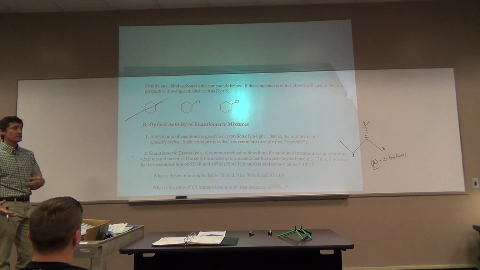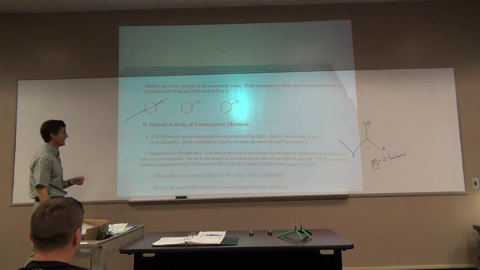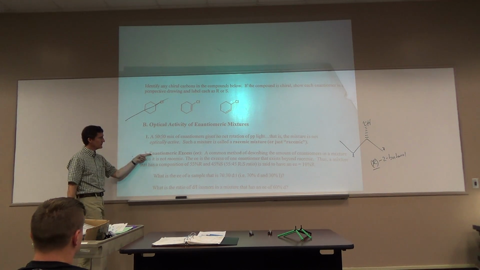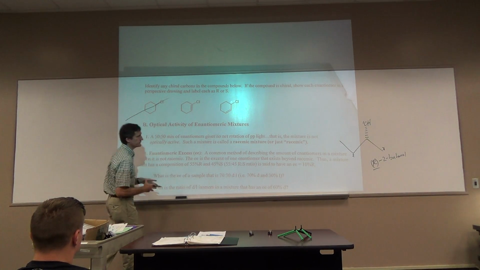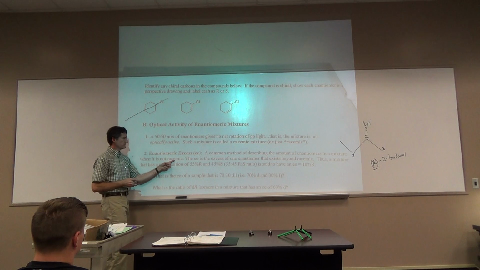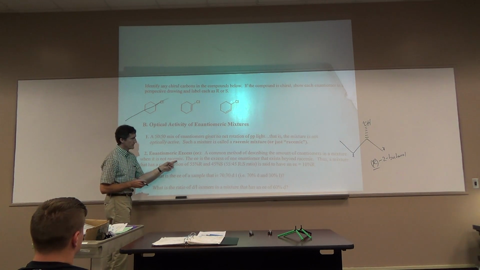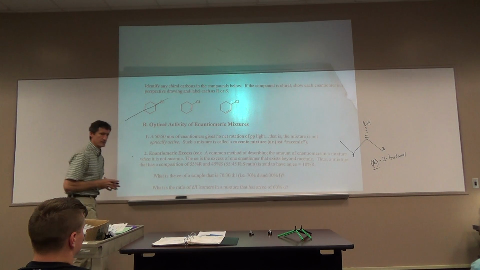What's not as easy is if it's like a 70-30 mix. How do those rotate? First off, terminology. Enantiomeric excess, known as EE, is a common method for describing the amount of enantiomers in a mixture when it's not racemic. The EE is the excess of one enantiomer that exists beyond racemic.